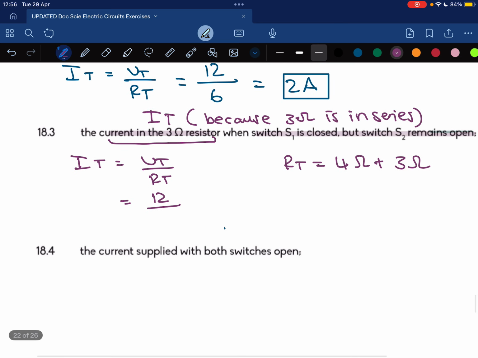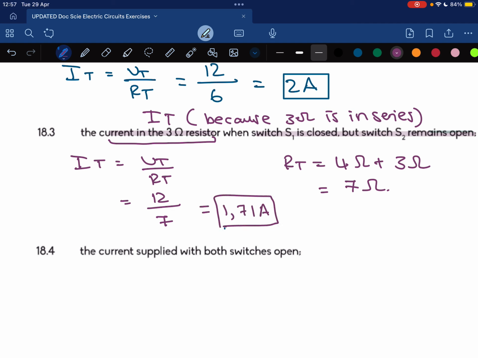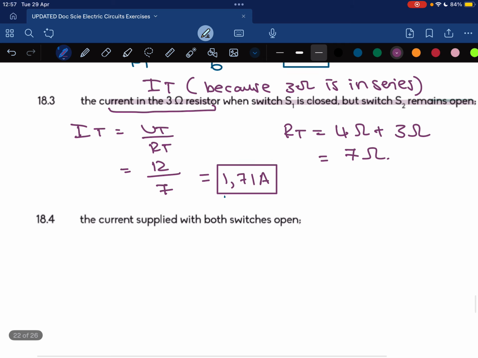So it will be 4 ohms plus 3 ohms, which is just going to be 7 ohms. So I'll say 12 divided by 7, which is 1.71 amps. So that's the current through the 3 ohm resistor.